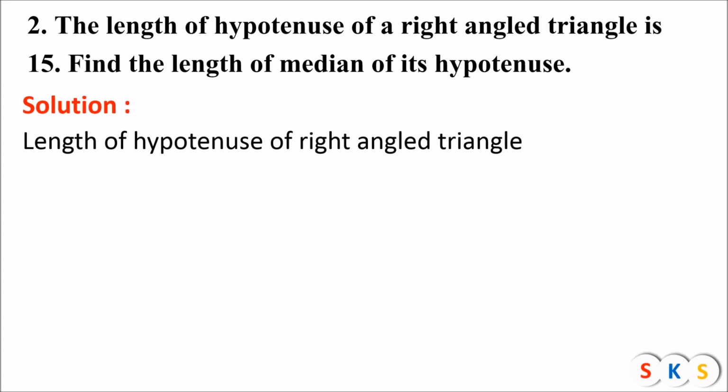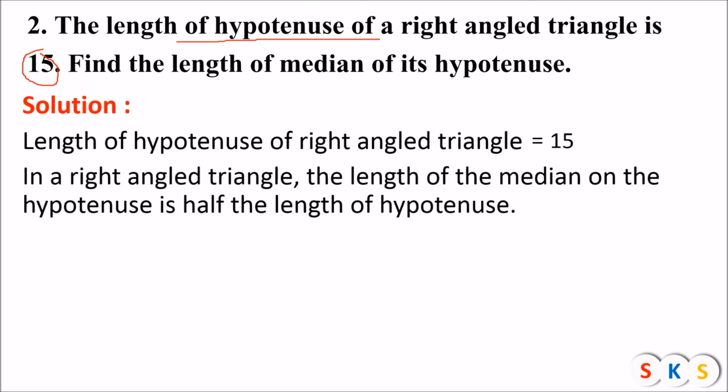And what we have to find out? The length of the median which is drawn to the hypotenuse. And we know that in a right angle triangle, the length of the median on the hypotenuse is half of the length of the hypotenuse. So here the length of the median on the hypotenuse equals half of the hypotenuse.